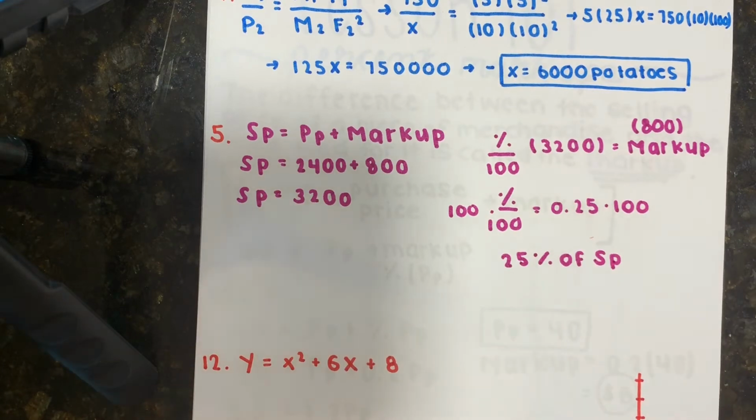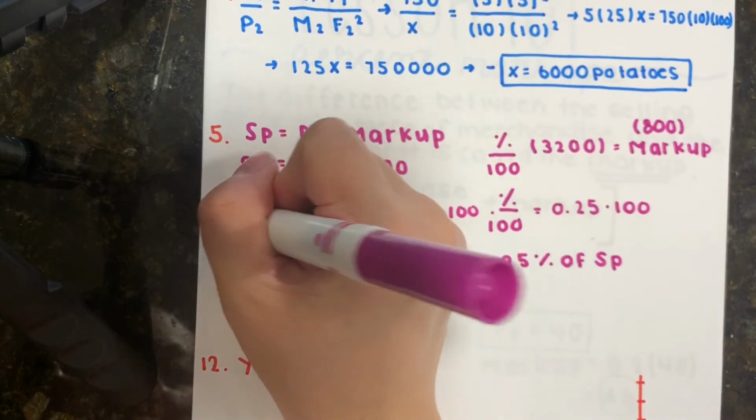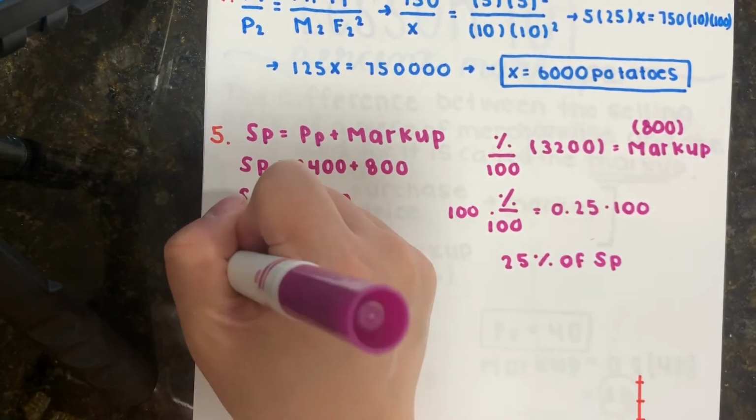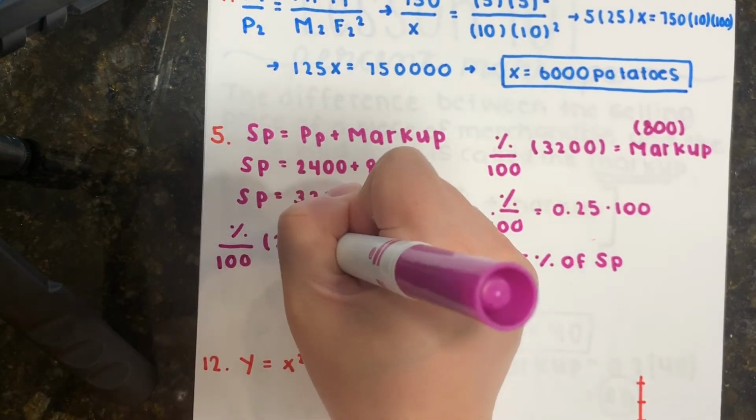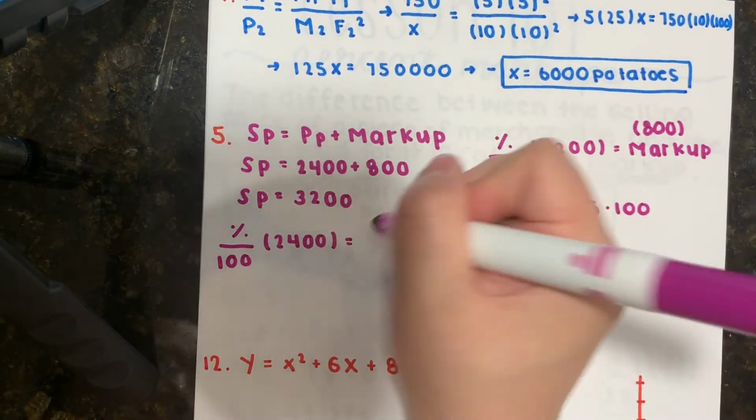And then I have to find the percent markup of the purchase price. So that would be percent over 100 of 2,400 equals 800.